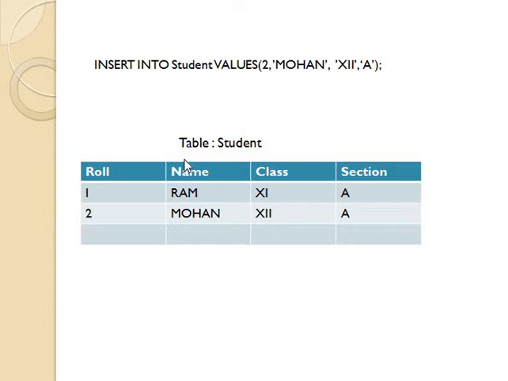Now you remember in my earlier presentation I created a table named student having roll, name, class and section as attributes. This is just a single table specified by the name student. A database may contain a large number of tables like this.